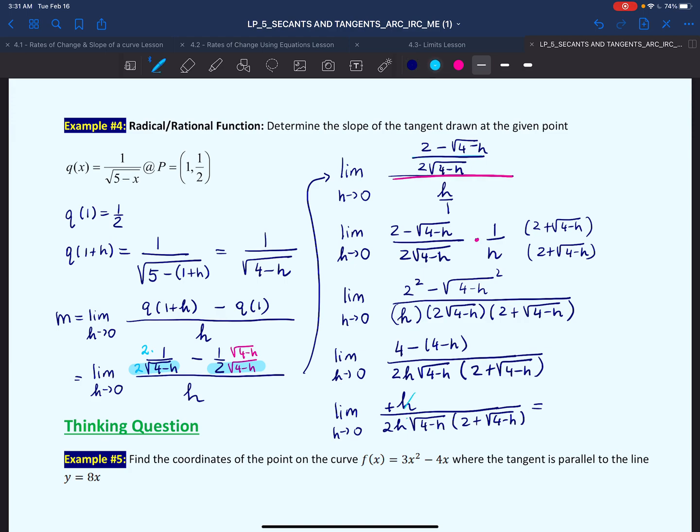So the h simplifies to leave us with 1 over 2 root of 4 minus 0, 2 plus root of 4 minus 0. So this would be 1 over 4 times 4, or 1 over 16.